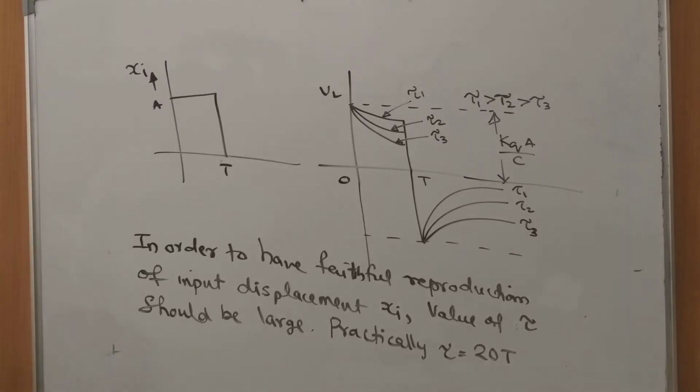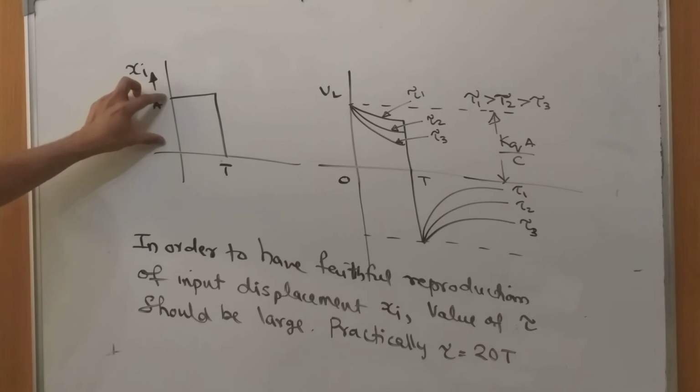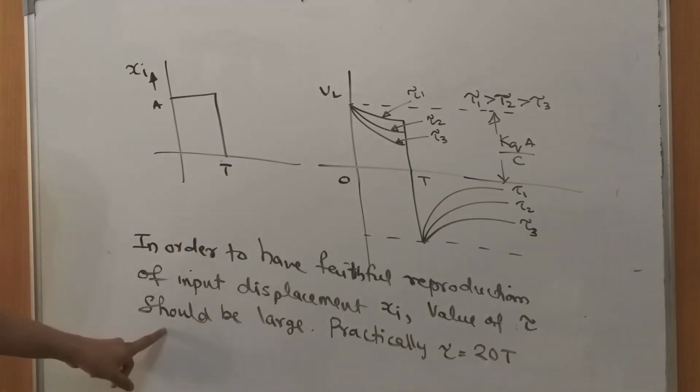So in order to have faithful reproduction of the input displacement Xi, the value of tau should be large.